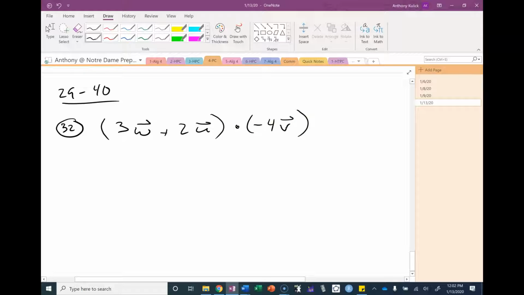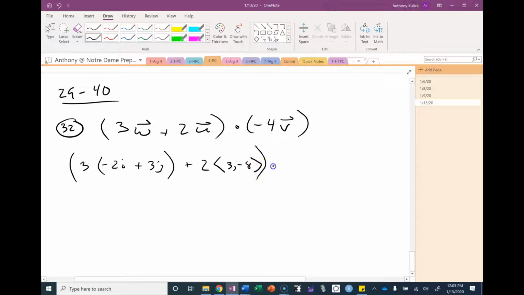All right, so 32 asks us to find the following using the dot product. So the first thing I'm going to do is just rewrite these using the information that's given.